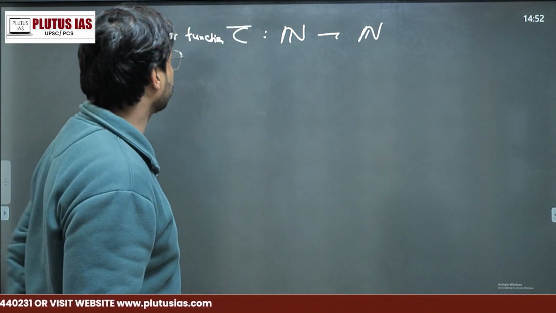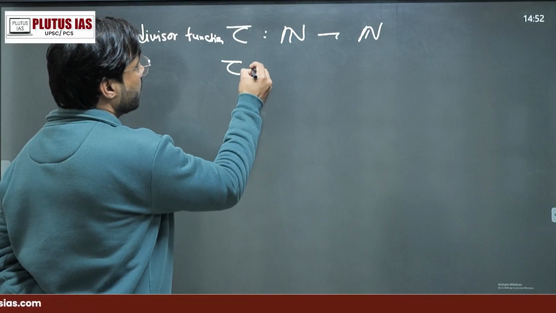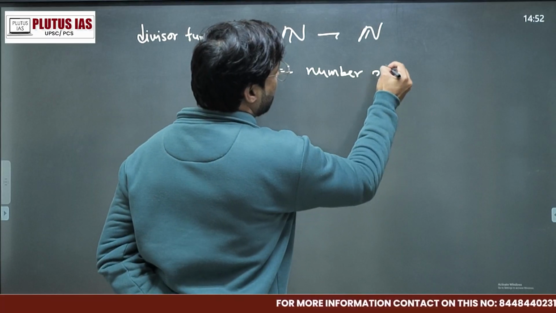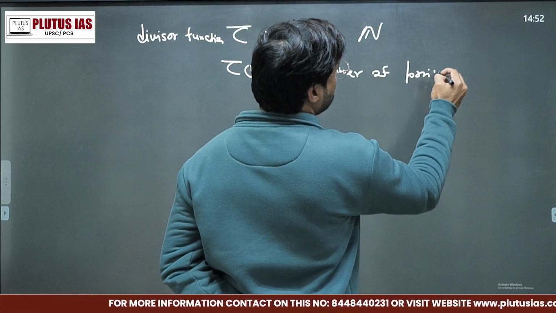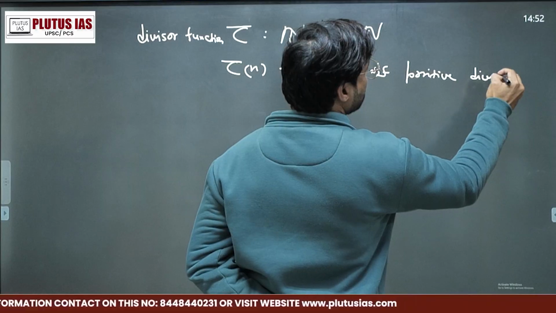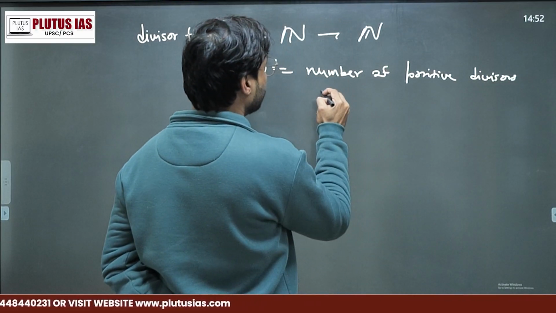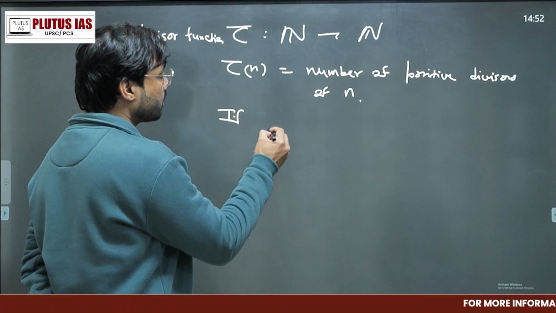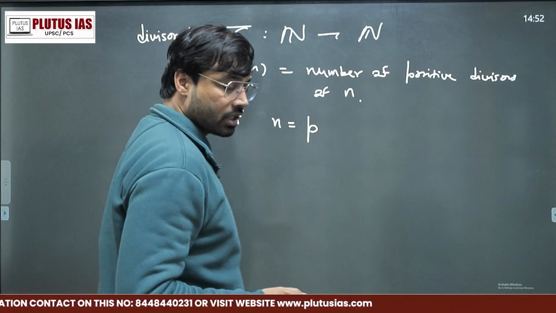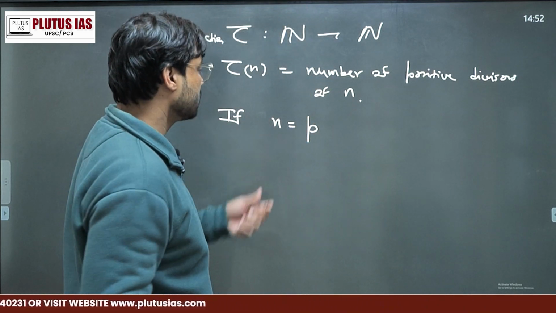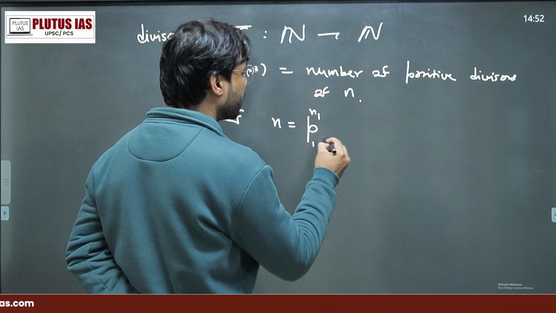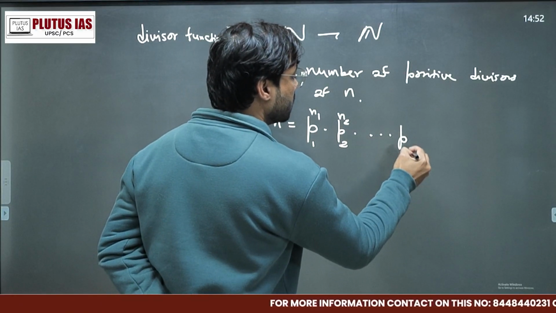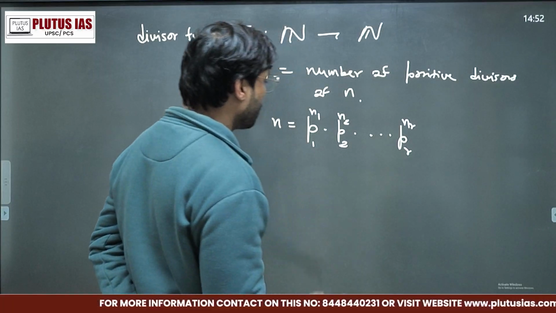The number of divisors of n, tau(n), equals the number of positive divisors of n. And how to calculate it? We can write every number in prime factorization.